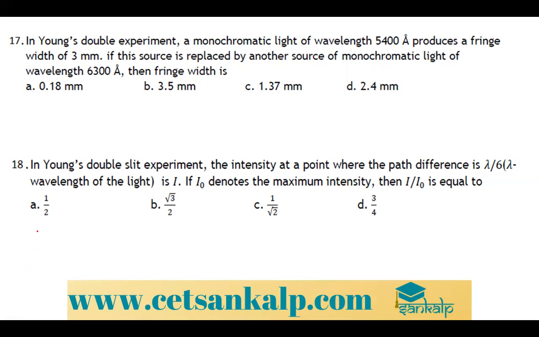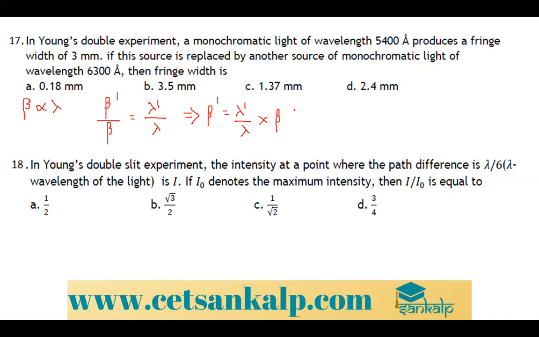Here there is no change in the distance and the slits, so there is only change in lambda. So beta is directly proportional to lambda, so I can write beta dash divided by beta is equal to lambda dash by lambda, right? So I want beta dash, so beta dash is equal to lambda dash by lambda into beta.